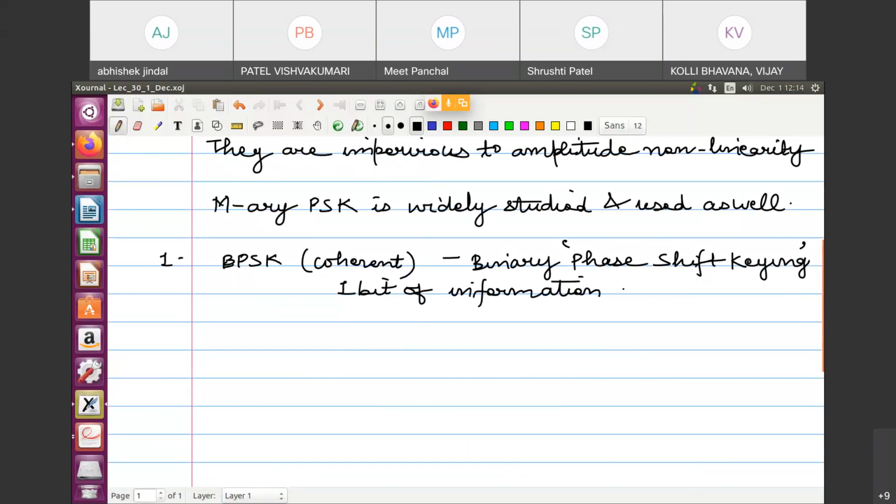Okay. So for 1 we say that there is a waveform that is S1(t), and for 0 there is a waveform that is say S2(t).